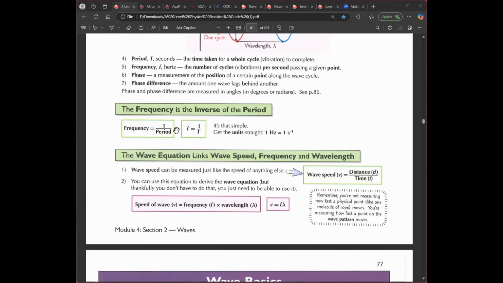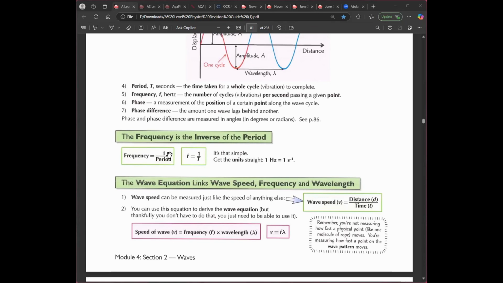So frequency is the inverse of period. Maybe that will come in handy when we solve the past paper questions. So the formula of the frequency: I'm not sure if you would need to derive it.